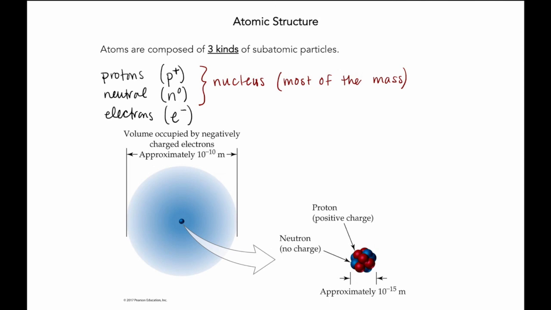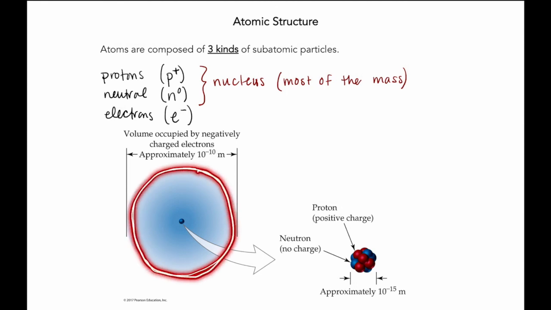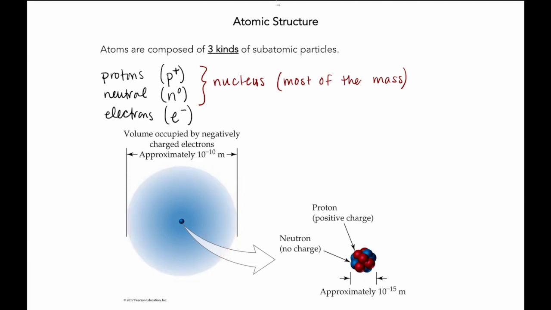The electrons will be somewhere out here, and they really define the size. How far away the electrons are will define the size of the atom, so the volume of the atom is occupied by electrons.